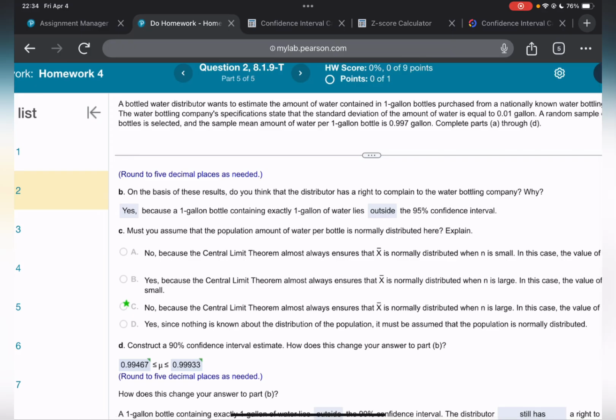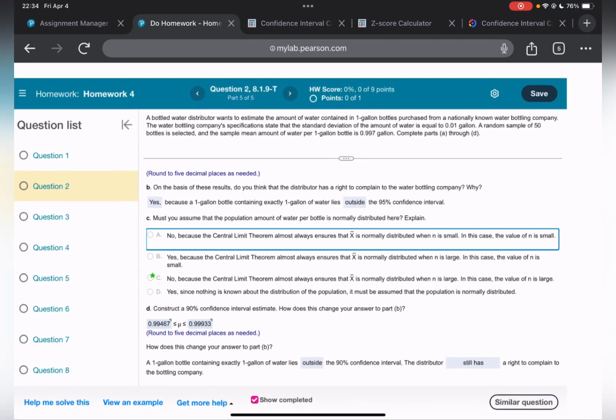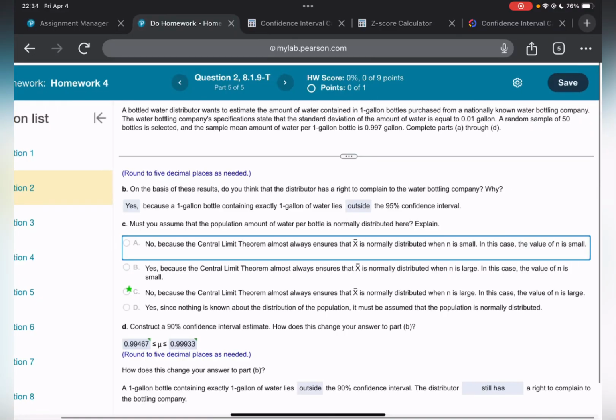No, because the central limit theorem almost ensures that X bar is normally distributed. Which obviously means the whole distribution is normally distributed. Okay, but you can see this answer and put the answer the way it's given to you. Sorry about that.